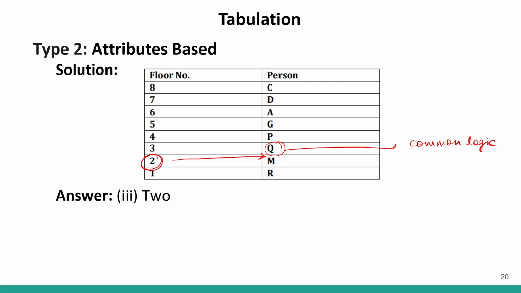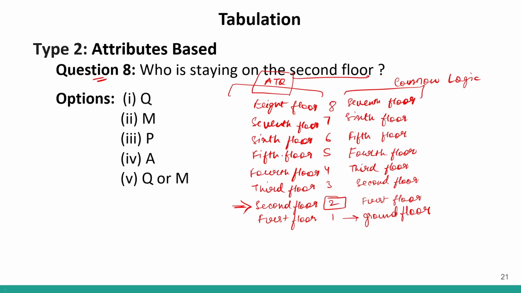But we are looking at the question. M is according to the question. So according to the question, M will be on the second floor. Clear? So if I look at the options, we have Q, M, P, A, Q or M. So M is on the second floor. This is fixed. So my answer will be option number 2, M. Okay?